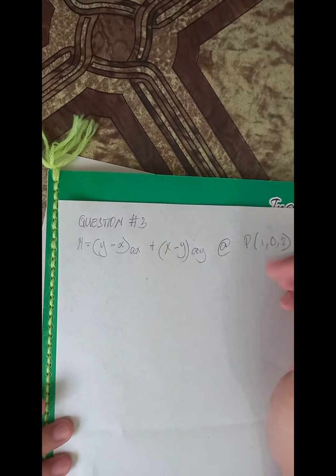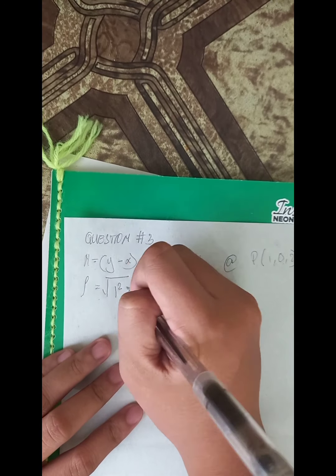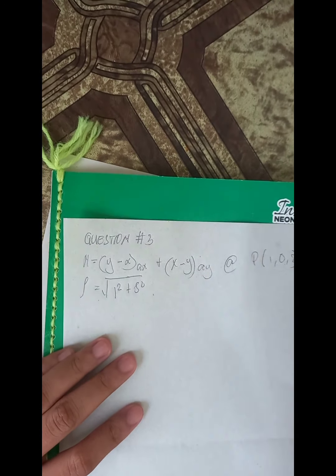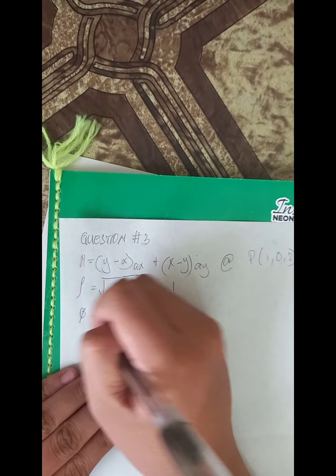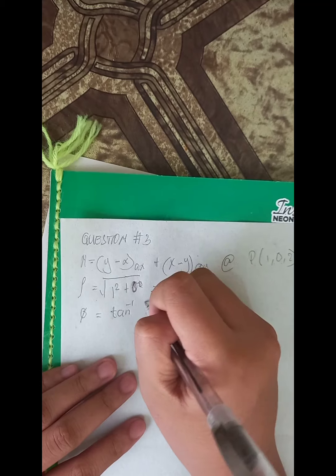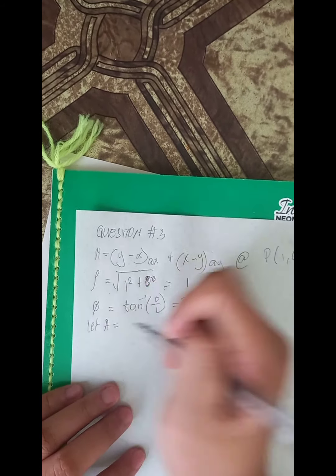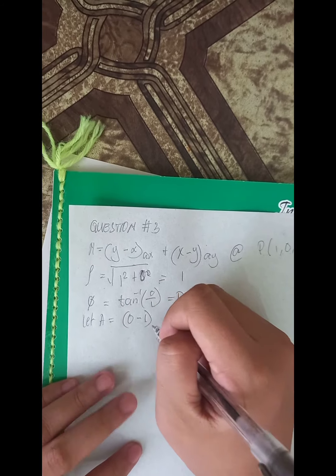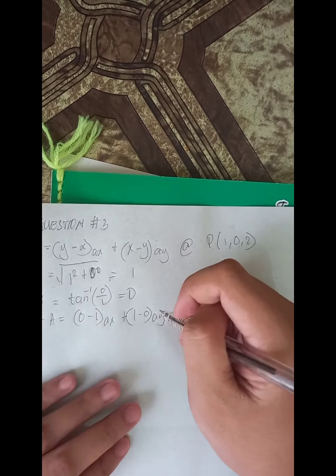So you have question number 3. We have to get the value in cylindrical form. First we have to get the value of rho, which has the formula square root of x squared plus y squared. And let's get the value of phi with the formula tan inverse of y over x.